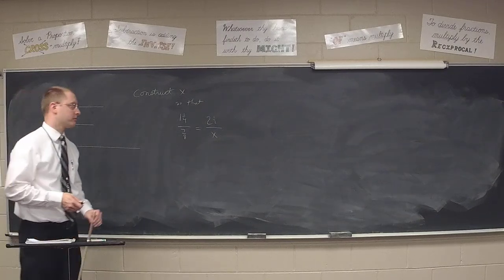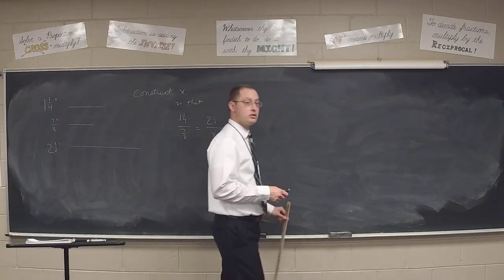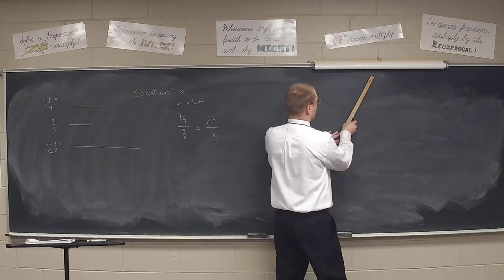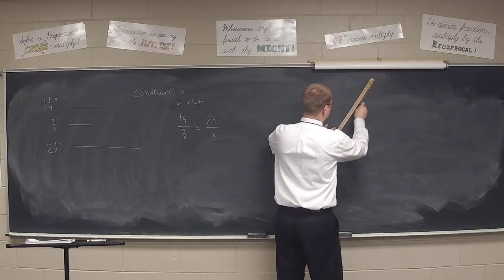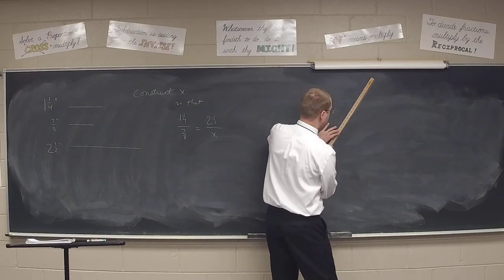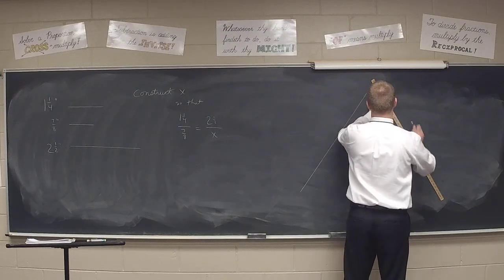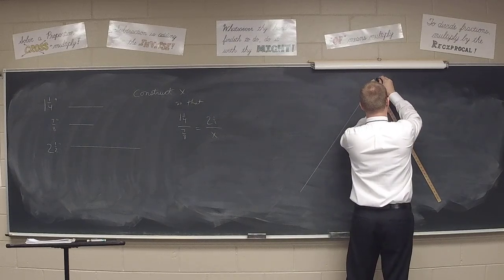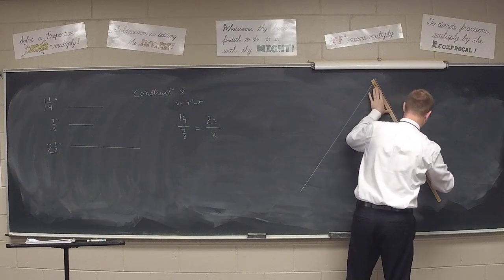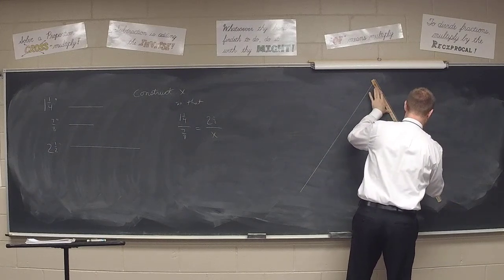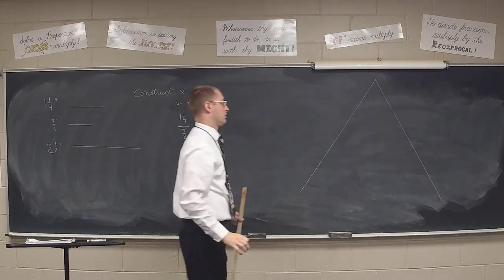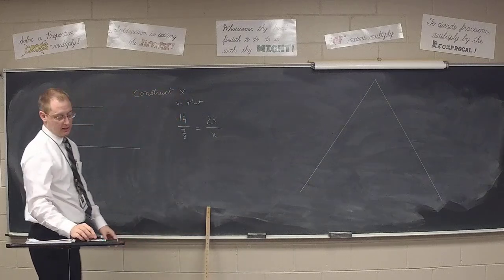All right, and what do we need to do to construct this fourth proportional? Kendall, start us off. Good, draw 2 long lines. They're going to be the sides of a triangle. Then what, Genesis?